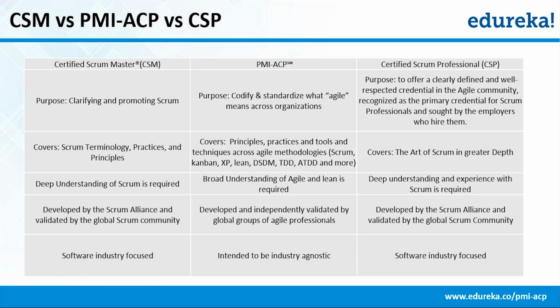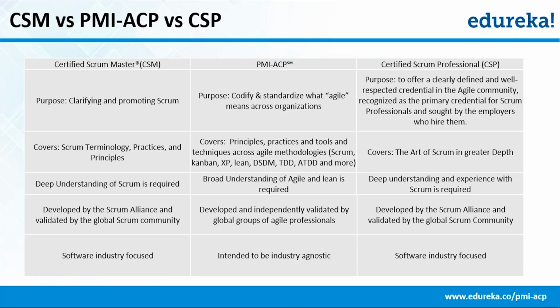And obviously, as far as the Certified Scrum Master (CSM) is concerned, the syllabus is mainly Scrum terminologies, practices, and principles. That's it. It sticks to Scrum. And same for CSP, though it goes a little deeper than the CSM.